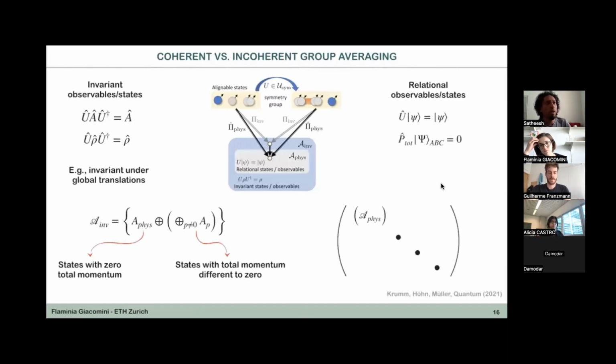Are these relational observable states related to the relational interpretation of Carlo Rovelli, or are they completely independent of those things? So the flavor is the relational flavor. I think that there is a lot of debate currently on the relational interpretation, and this involves mainly the measurement.